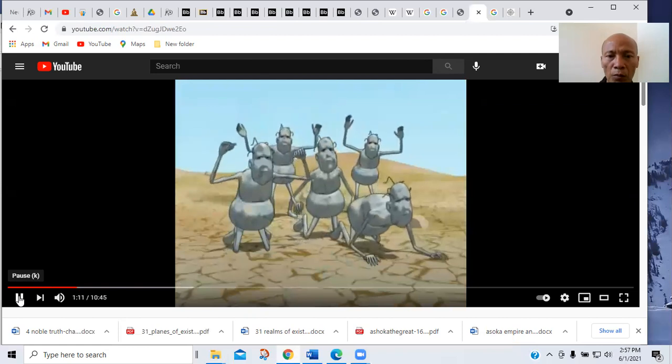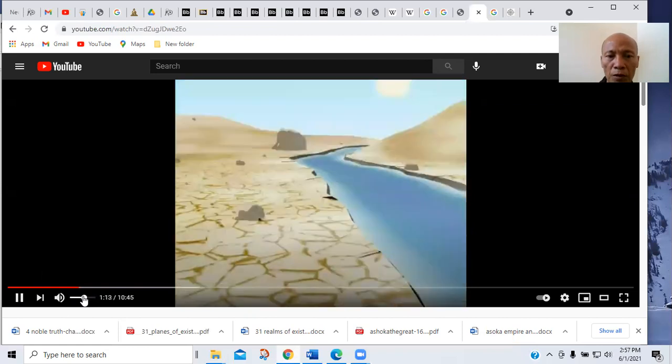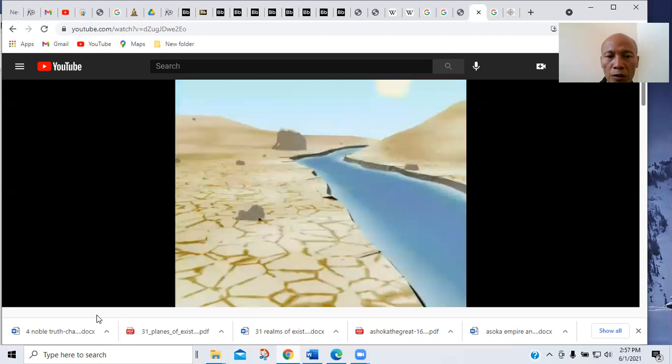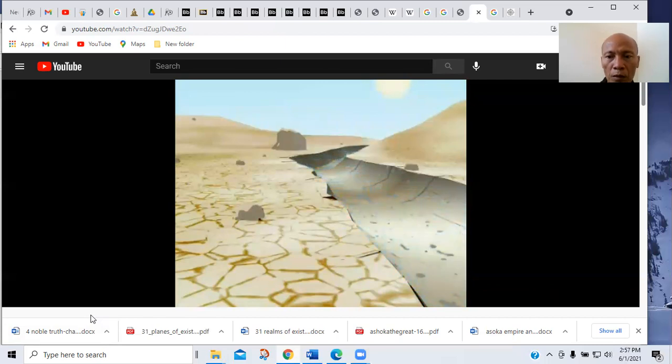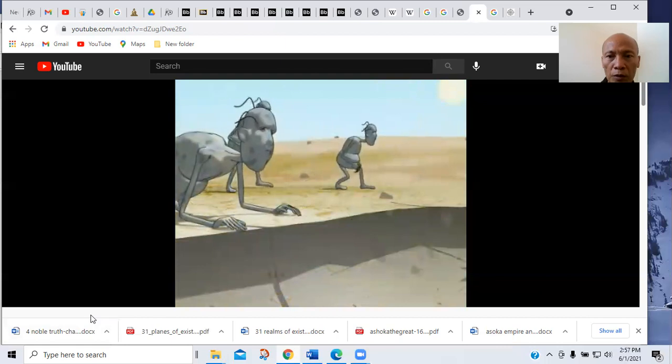But because they don't have any virtue or blessing, when they reach the water, it is depleted and evaporated because of their lack of merit.